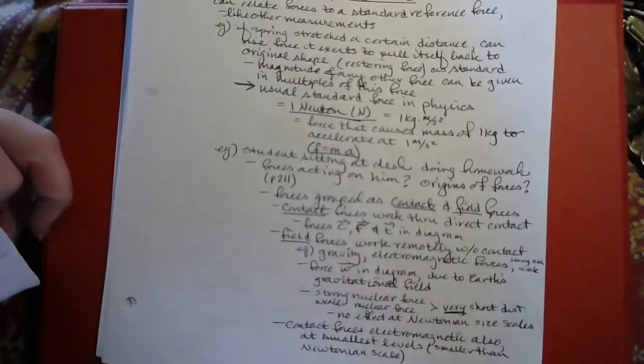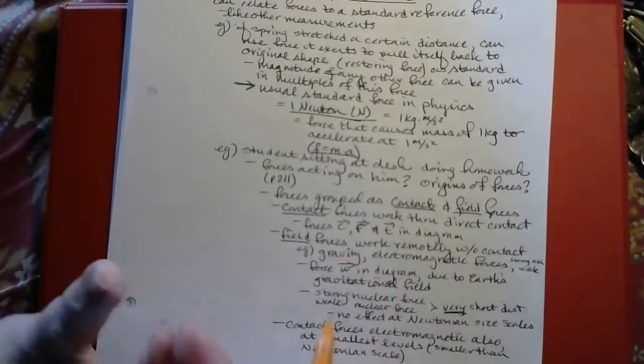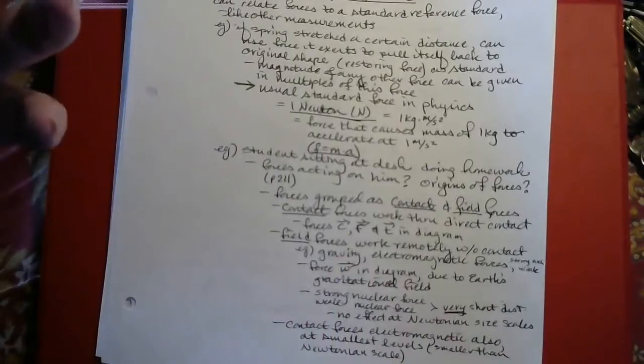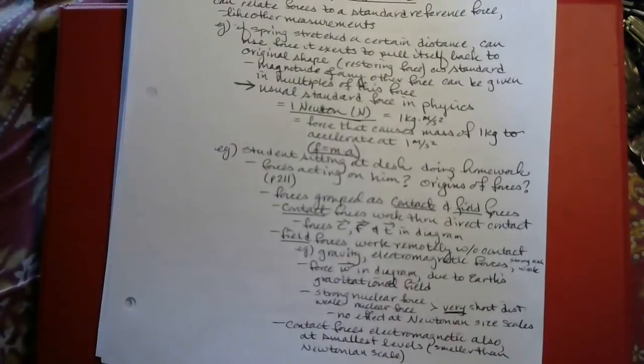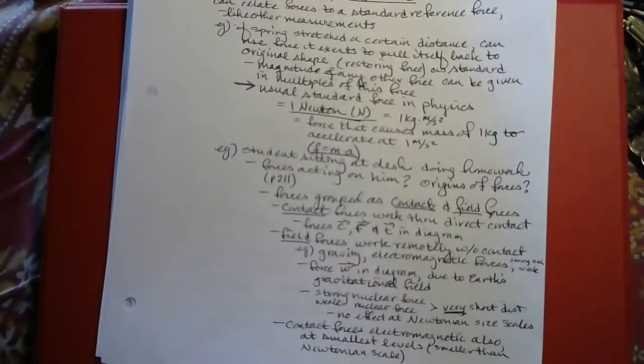These field forces tend to work only over a certain distance, and for some of them that distance is greater than for others. Gravity works over a pretty fair distance, depending largely on how great the mass of the objects are and how strong the gravitational attraction will be.